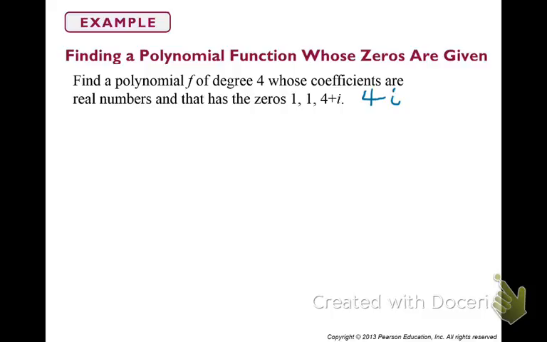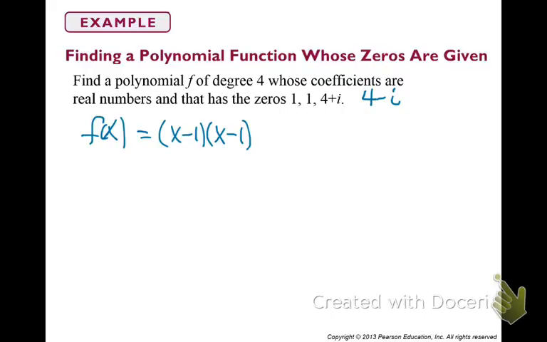Okay? So our f of x is going to be, if you have your zero as 1, that is your x minus 1, and we actually have 2 of those. We have a multiplicity of 2, so we'll write those down. Now we're going to bring in those imaginaries. Remember what I showed you at the very beginning.